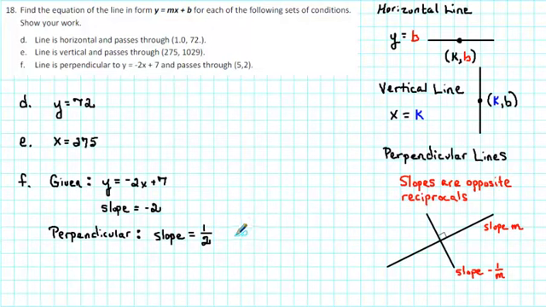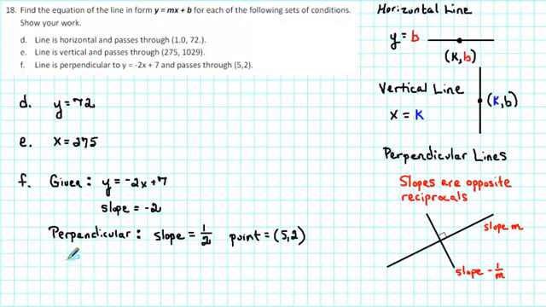It also passes through the point (5, 2). So we have the slope is 1/2 and the point is (5, 2). To write the equation of the line, it would be helpful to recall the point-slope form of a line.